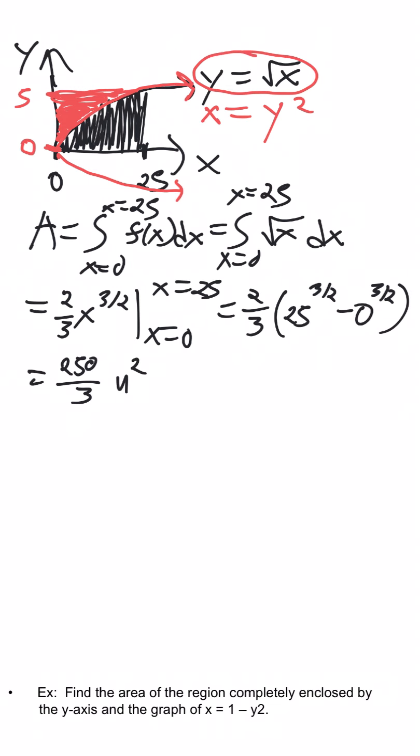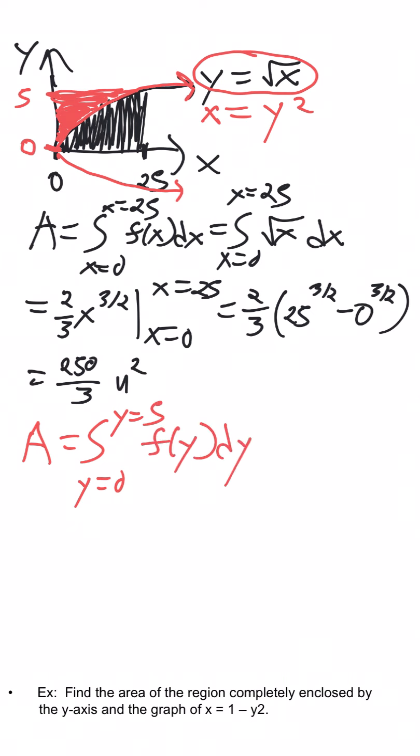But all right, let's do this thing. So we want to take the area under the curve from y equals 0 to y equals 5 of f of y dy. I know, it feels a little weird. Limits of integration are in y, integrand in terms of y, and the differential is dy. Everything is y dy. So this is the same as the integral from y equals 0 to y equals 5 of y squared dy.